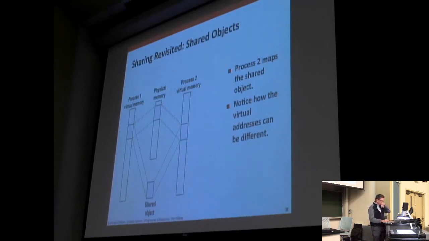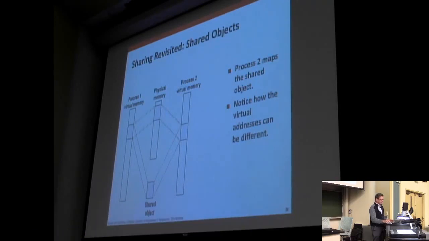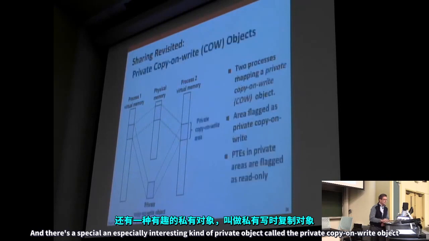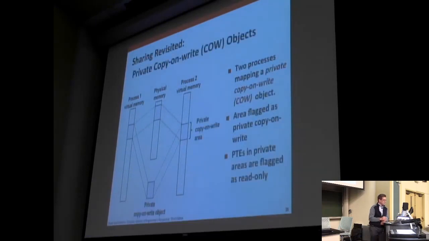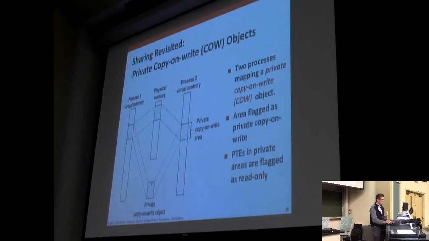Now, objects can also be private, meaning they shouldn't be shared across processes. And there's an especially interesting kind of private object called the private copy on write object. You'll see this become very important when we look at how fork actually works.